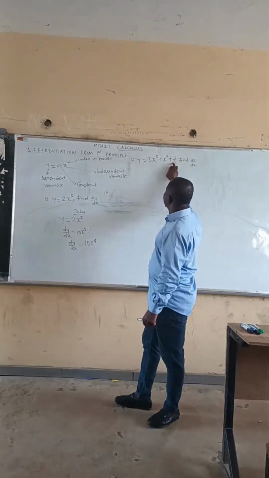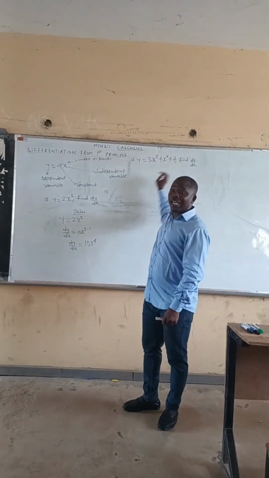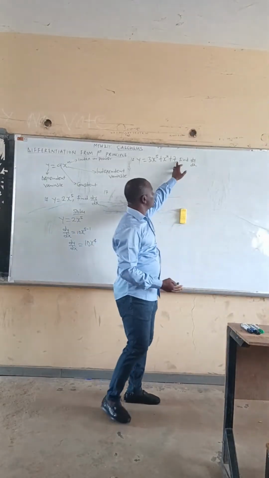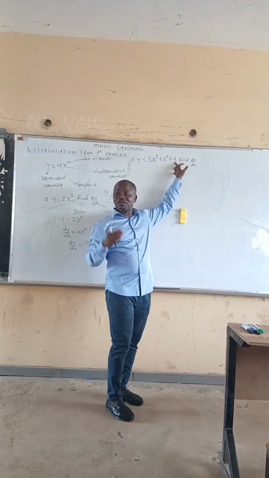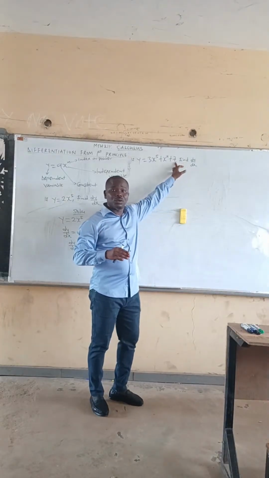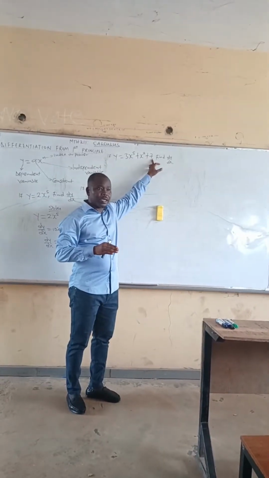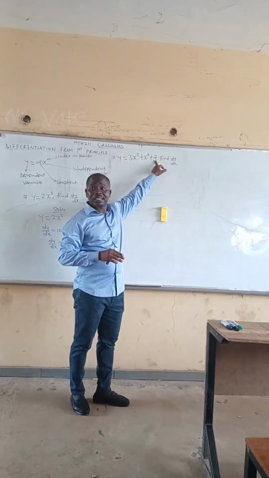Then this is a constant, so this is 0. Why is it a constant? Because the independent variable is not attached to it. Did you see x here? No. So whenever you differentiate a constant, it gives you what? Take note, very important. Do you understand? This is called a constant.